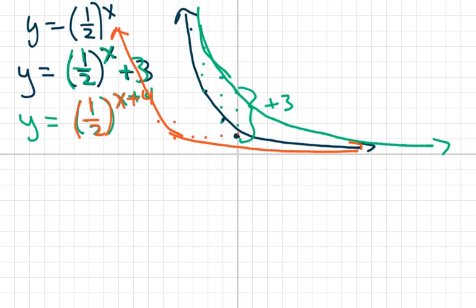Now when you get to e to the x, the main points you want to remember on e to the x are these points here. You want to remember 0, 1. Right there. You want to remember 1 and 2.72. So this is 2 right in there. You also want to remember negative 1, 0.37.